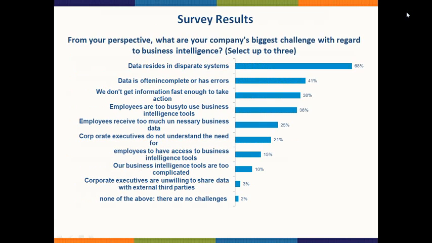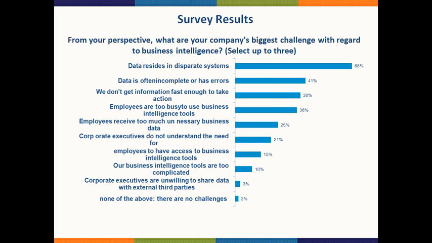A recent survey was done, and there were many other questions, but the important question in this context was, what do you think is the biggest challenge for the company in terms of how you use your data, etc.? And a lot of times these are the basic reasons why people struggle with building good KPIs to drive their business: disparate systems, data is incomplete or has quality issues, and they don't get timely information, people are busy.